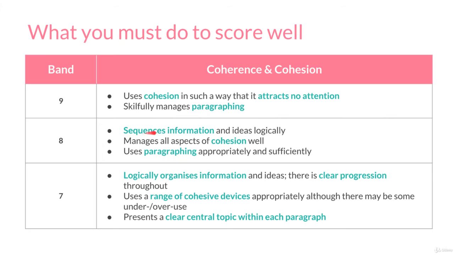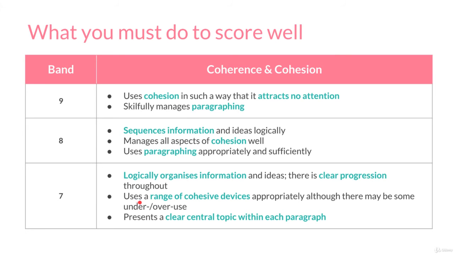Next, you need to sequence your information and your ideas logically. This means that the ideas that you present should follow a natural order. It should be easy for the reader to follow along with what you're saying and with your ideas and the argument that you're making. In other words, there should be a clear progression throughout your essay. Ideas should logically follow each other.